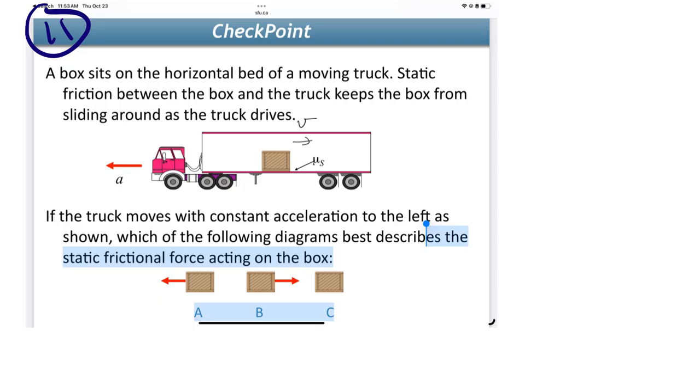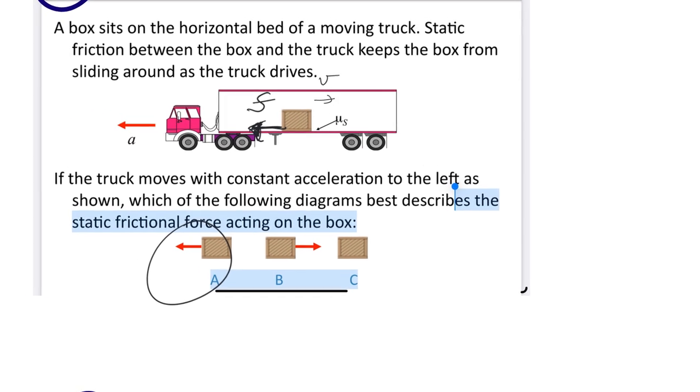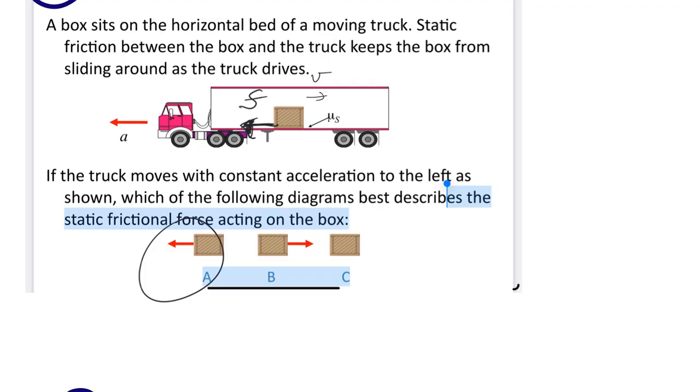If the truck goes forward too fast, the box will slip backwards. That means the friction will be facing forward. As the truck accelerates forward, the static friction builds up until it's the maximum static friction, and then the box will start to slip. That's the situation for the friction, and that's also the net force acting on it.